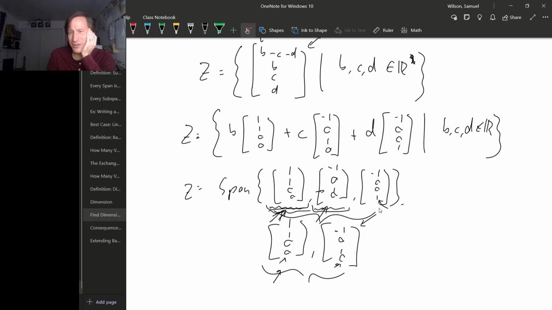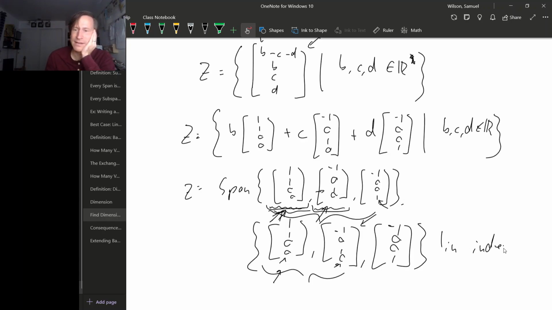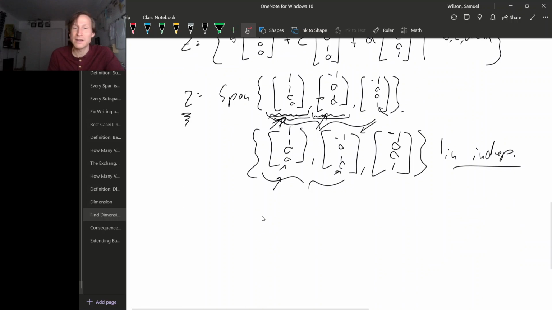So the first two vectors are linearly independent, the third vector isn't in the span of them, and so if you add the third vector to this collection, the result is still linearly independent. Okay, so now we have a linearly independent set that spans Z, and so the dimension of Z is just the number of vectors in this basis, and that's 3.